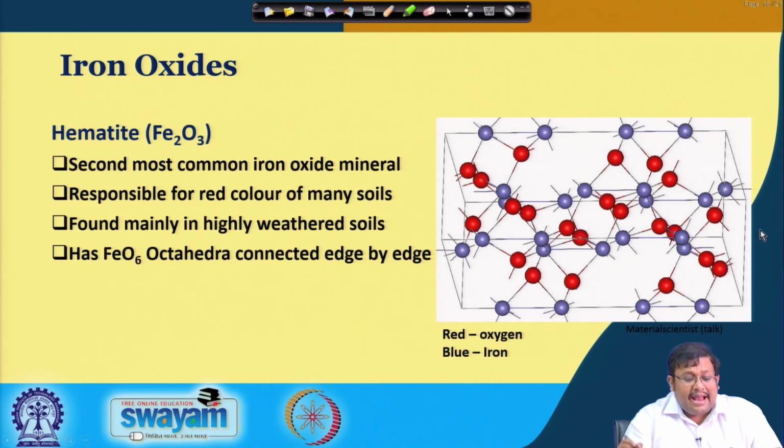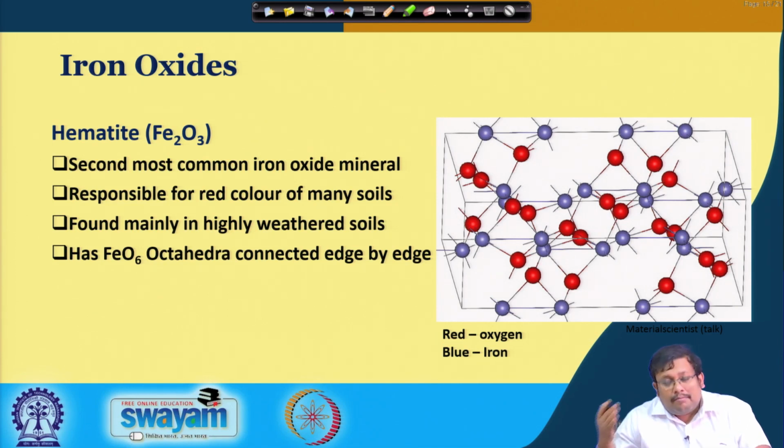So, another important iron oxide which is present in the soil is hematite. Hematite has the formula Fe2O3 and it is the second most common iron oxide mineral in the earth crust after goethite. It is also responsible for the red color of many soils.